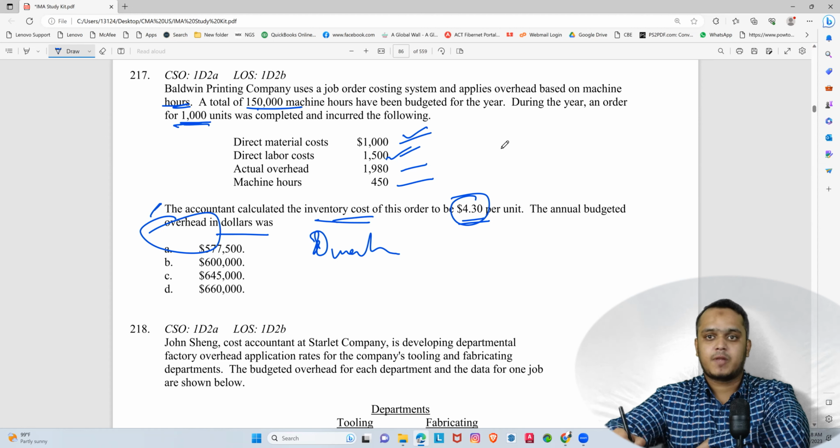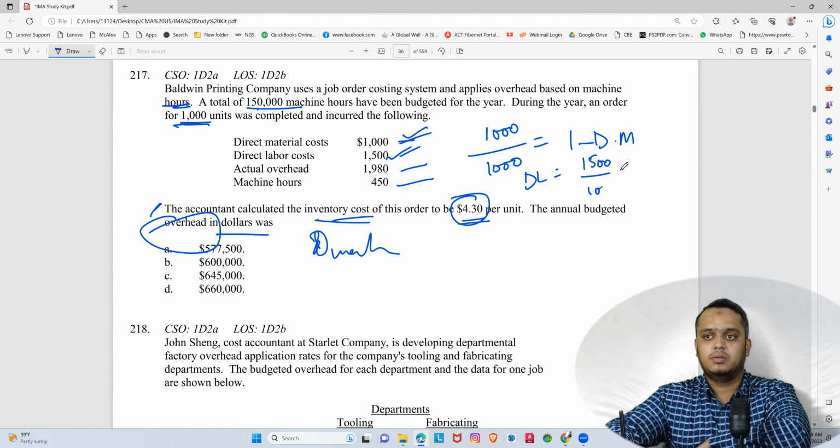So the direct material cost of 1,000 divided by 1,000 units equals 1. So my direct material is 1, out of this 4.3. And direct labor is 1,500 divided by 1,000, which equals 1.5. So 1.5, and my total cost is 4.3. So 4.3 minus 2.5.